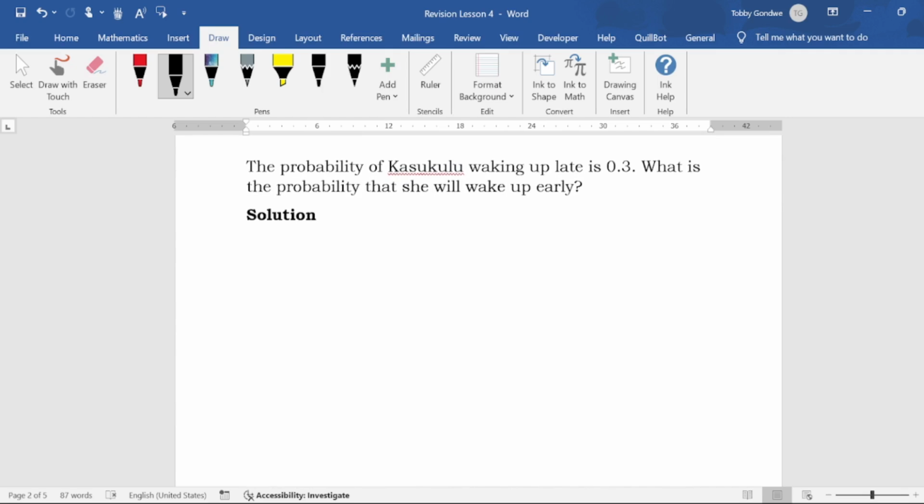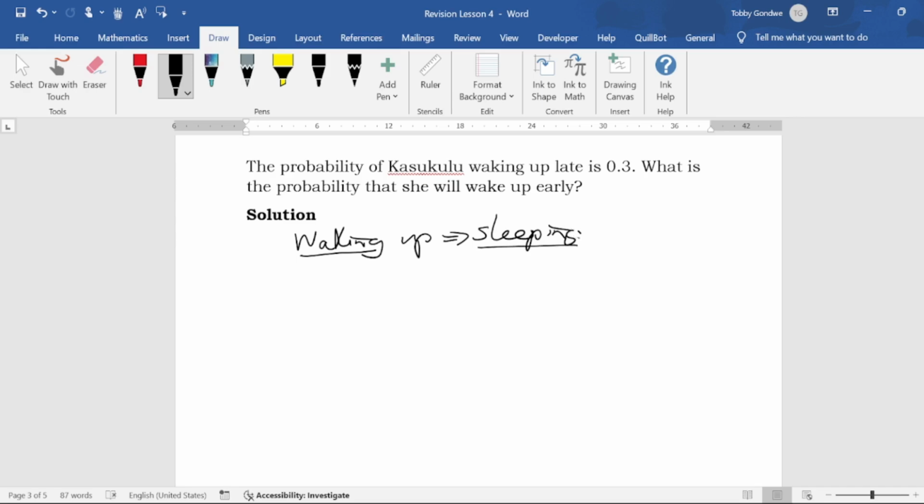The probability of Kasukulu waking up late is 0.3. Now, remember that probability is a chance, and this chance usually has a number of factors involved. So when you look at the issues of waking up, it means that somebody was sleeping.